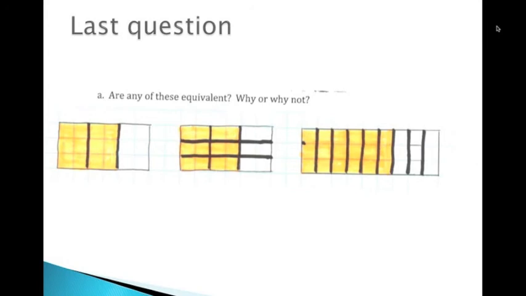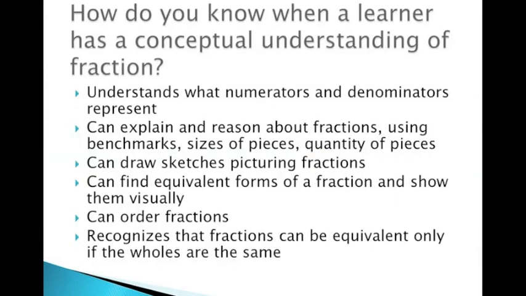The halves have to be halves of the same size thing, or the same thing. And so I'm glad there were different perspectives, because that would make a good conversation in a class.